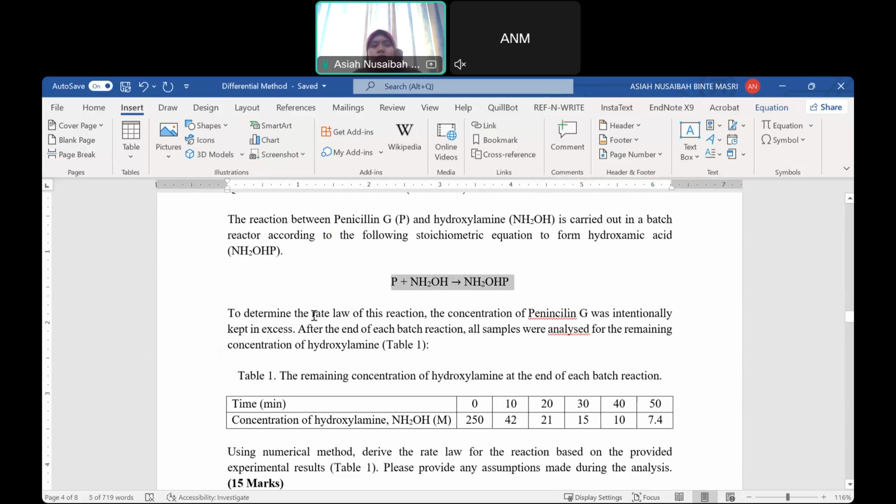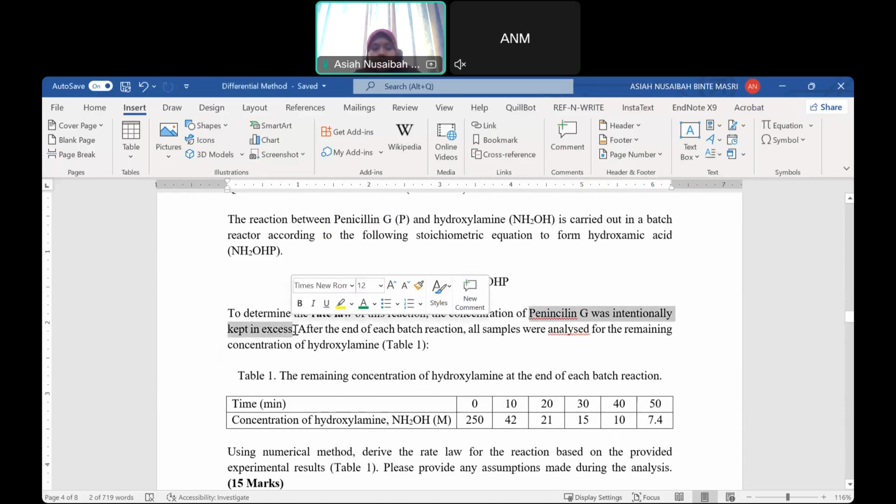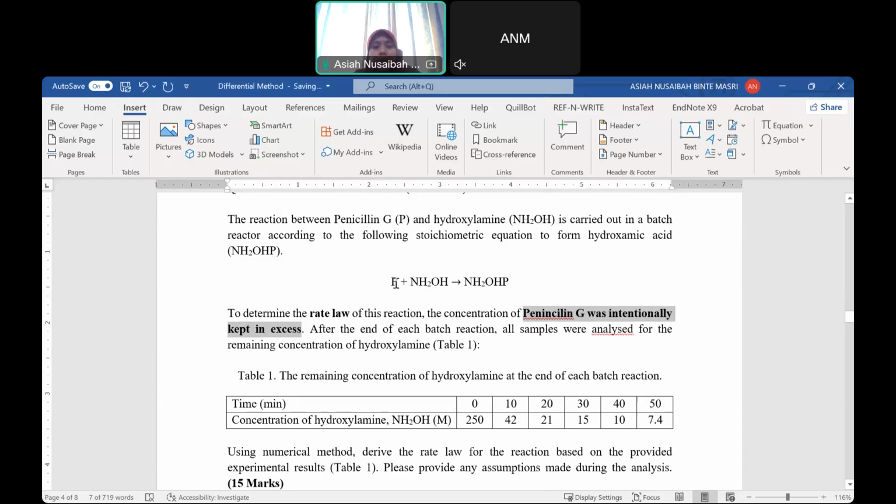You have to determine the rate law of this reaction. The concentration of penicillin G, the P, was intentionally kept in excess. So P is already in excess.